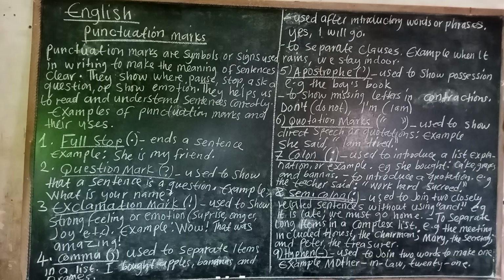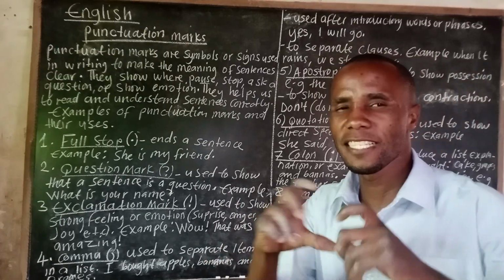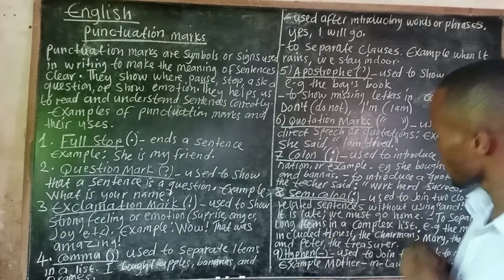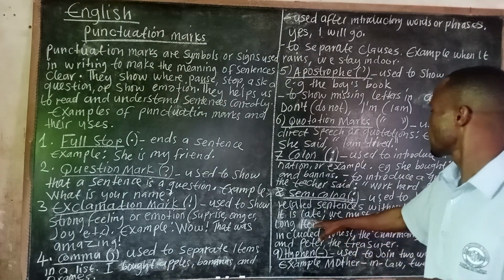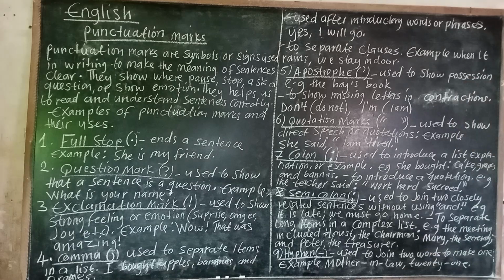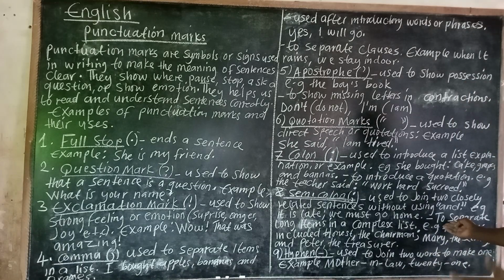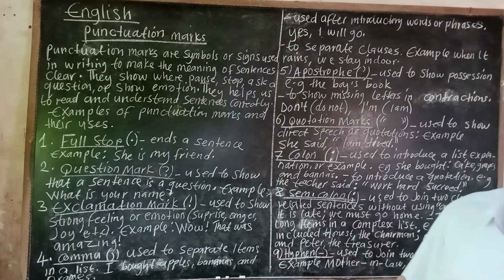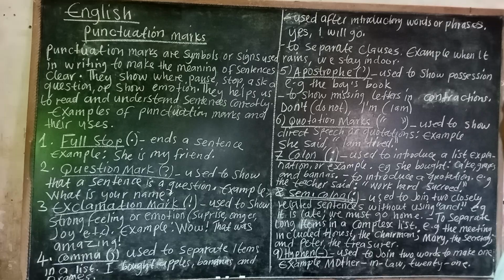Okay. For example, we are saying, it is late, we must go home. Instead of saying it is late and we must go home, you just say it is late, then you put a semicolon, you continue, we must go home. Then the other use is to separate long items in a complex list. That is the work of the semicolon.